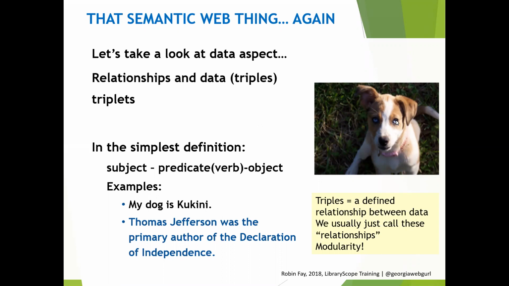So we might have a 100 field, Jefferson, Thomas, and his dates, and then we have our 245, writing the Declaration of Independence by Thomas Jefferson, and we know that relationship is there. We know that the relationships exist between those.